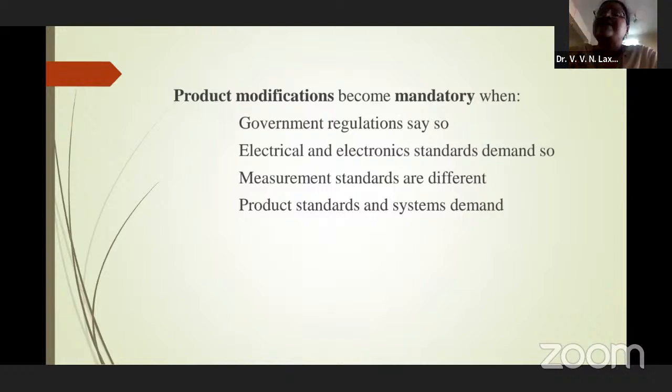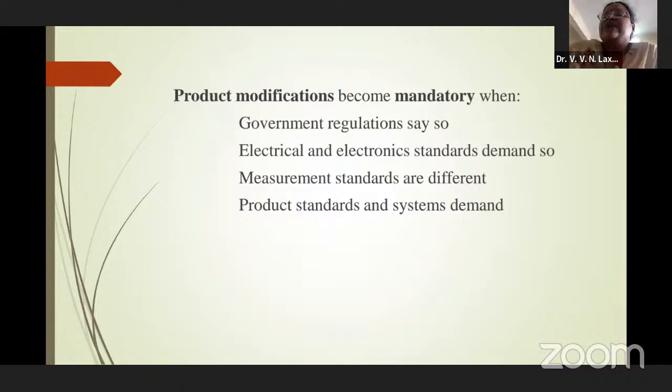That is, the temperatures are very high. At the same time, there is a lot of humid weather, which corrodes, because of which corrosion happens to the metals.